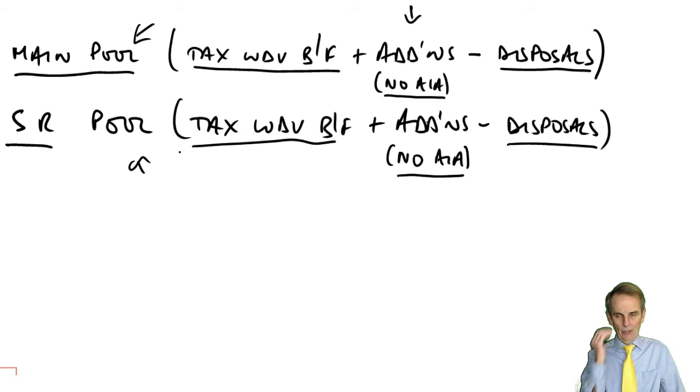So what additions, therefore, don't attract any of the enhanced capital allowances that we've already spoken of, and they don't attract AIA.